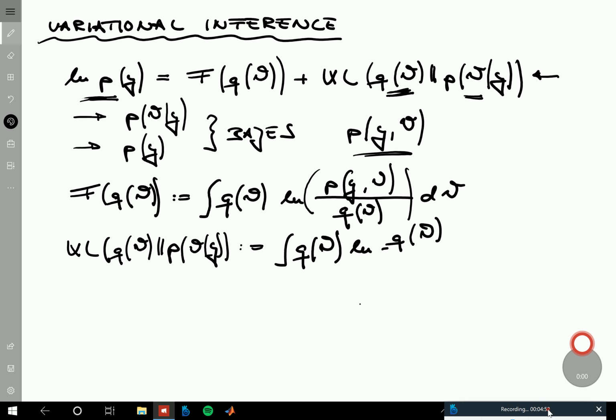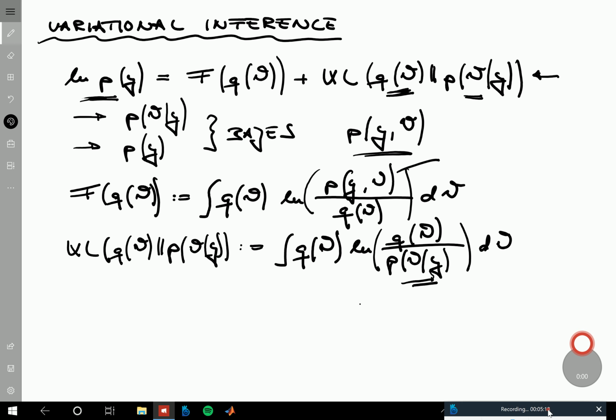So we will not evaluate KL divergences, mainly, as we also discussed, for the reason that we know or want to know everything that is in the free energy, but not necessarily the KL divergence, because here we have the posterior, and the posterior we actually want to approximate. So if we already knew it, then there wouldn't be much of a point.